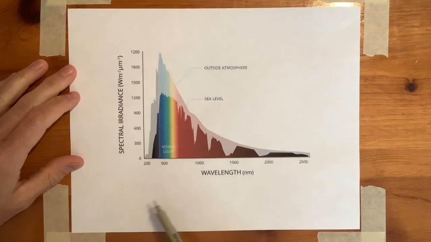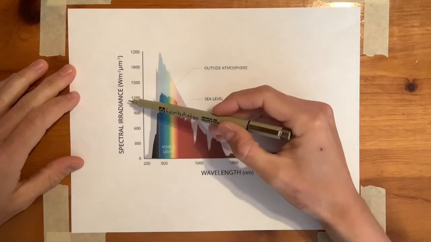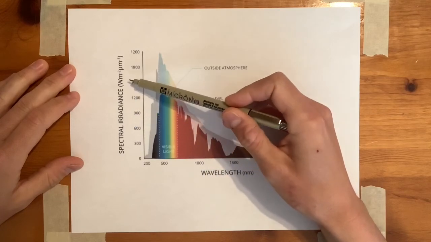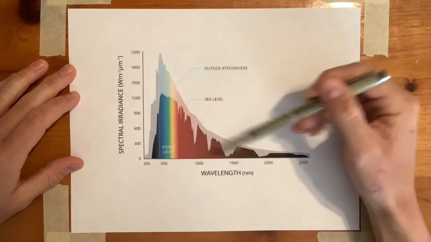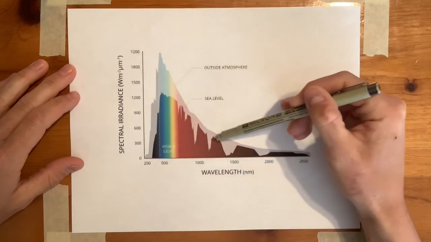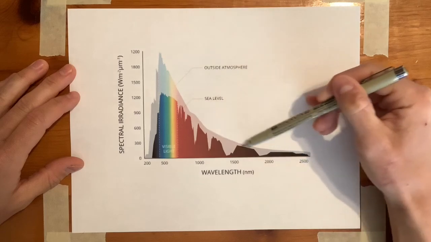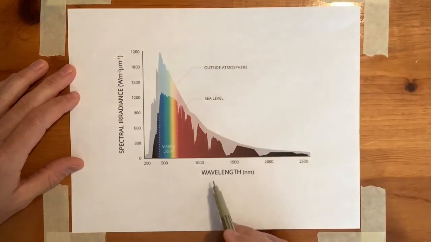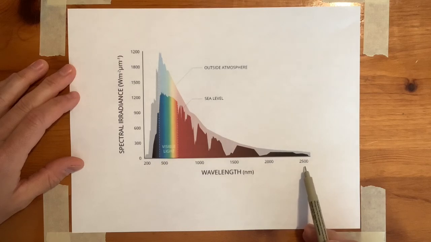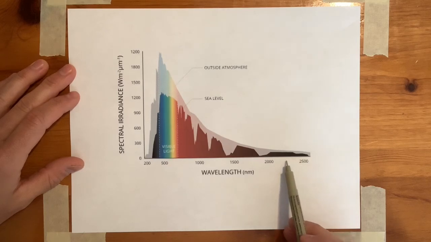So this is a plot showing spectral irradiance, right? So how much energy and what its wavelength is that the sun is emitting. So you see this sort of peak shape right here, and then sort of a slow taper down like this. And here is wavelength on this axis. Okay, so this is longer wavelengths, so lower energy, right? Lower energy, things like microwaves, and then kind of ramping up here.